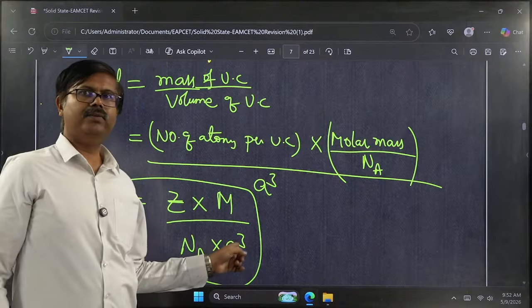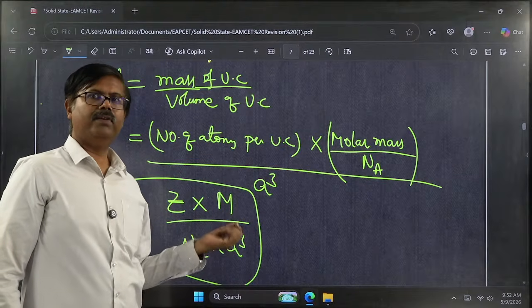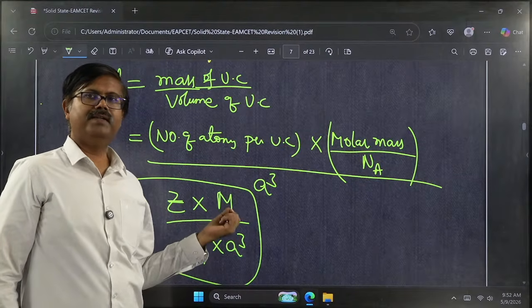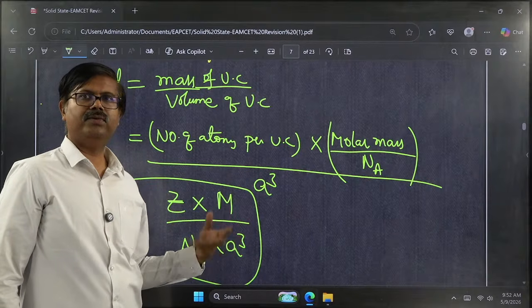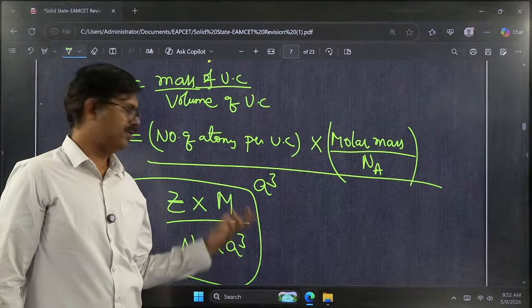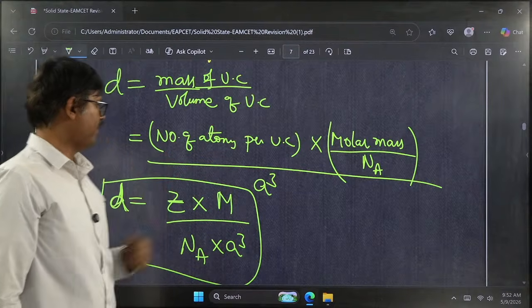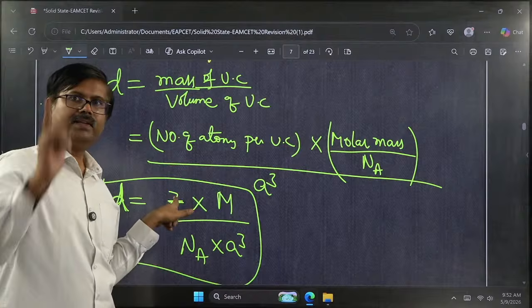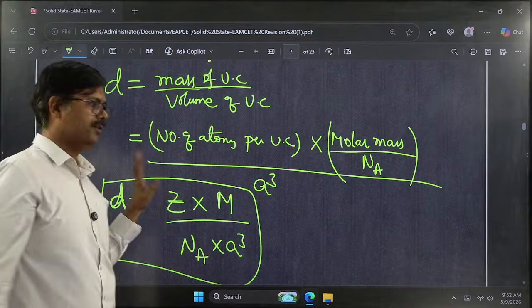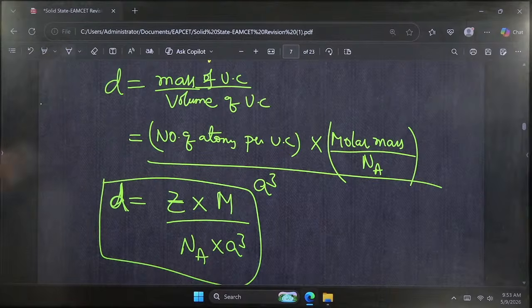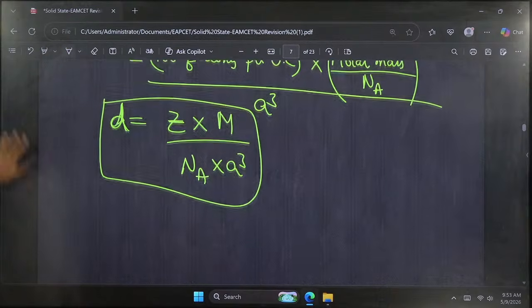And a cube depends on the type of unit cell. Simple cubic case a is equal to 2r, body centered has root 3 a is equal to 4r, like that it may change. And this is the formula. Z value also: simple cubic has 1 atom per unit cell, body centered 2, face centered 4. We will solve some problems, then you will get an idea on this.